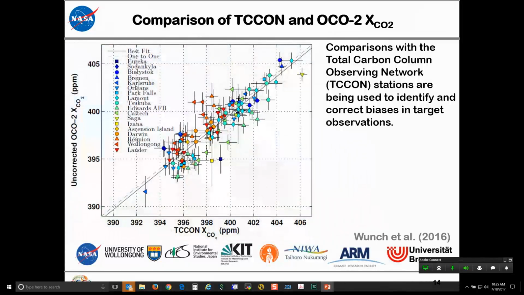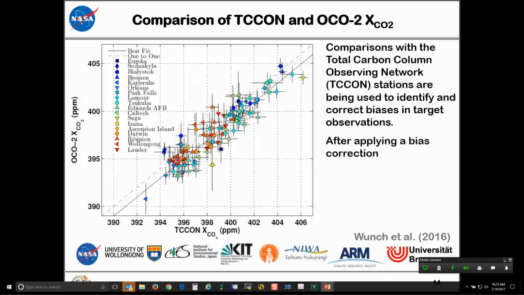For the version 7 product, our very first OCO2 product that we've generated, the comparisons were good but not perfect. We did have some outliers, especially during certain seasons. I'll talk about that a little bit later. But we had pretty good agreement with the TCCON measurements. We apply a geophysical-based bias correction that I won't have a lot of time to talk about.